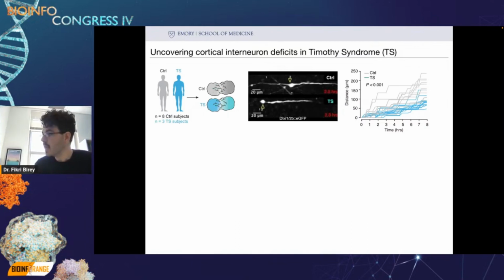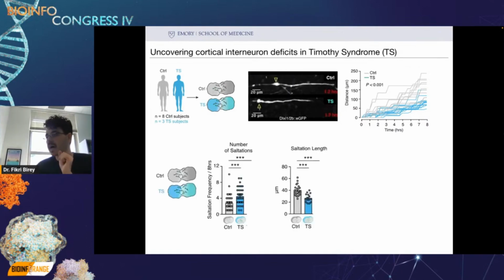Initially, we noticed that the Timothy syndrome interneurons were moving very inefficiently. And when we tried to tease apart the components of this phenotype, we noticed that the Timothy syndrome interneurons were moving more, they were jumping more often, but the length of their jumps were smaller.